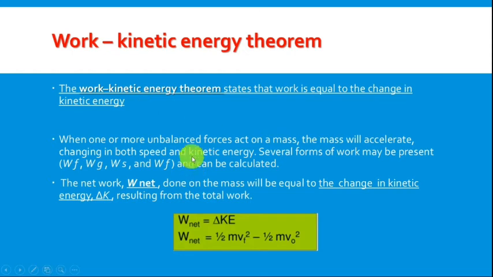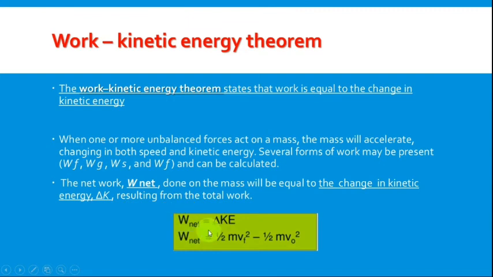When one or more unbalanced forces act on a mass, the mass will accelerate, changing in both speed and kinetic energy. Several forms of work may be present: work of friction, work of gravity, work of a spring, or work of an applied force, and they can be calculated. The net work done on the mass will be equal to the change in kinetic energy, not only one of the works.